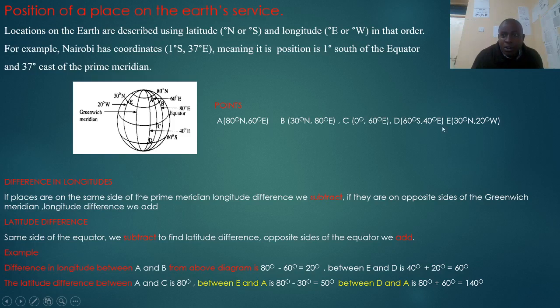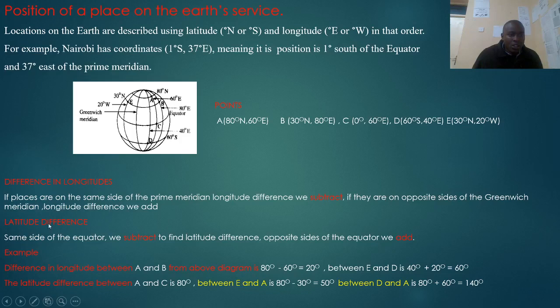And then you go to point E. The latitude here is 30 degrees north, and the longitude is named as 20 degrees west. So it will be 30 degrees north, 20 degrees west. That's point E. So that is how you locate points on the globe.